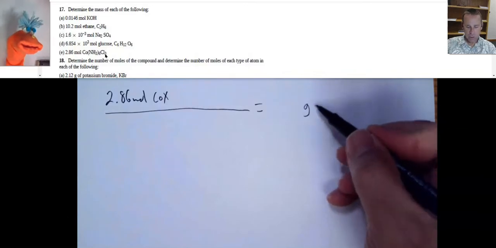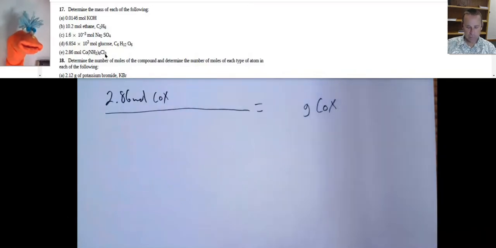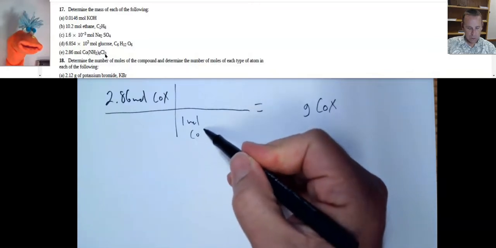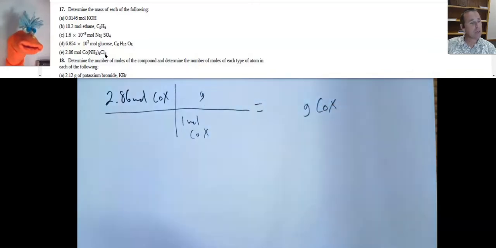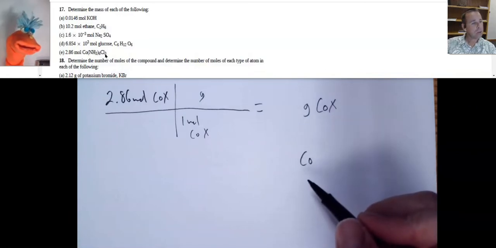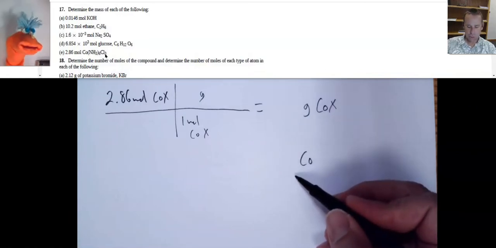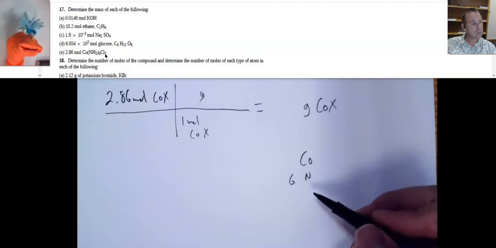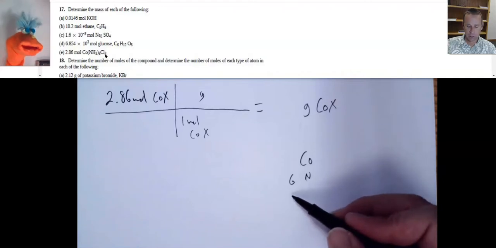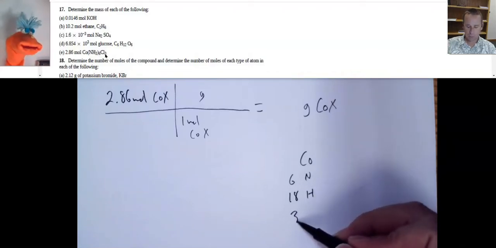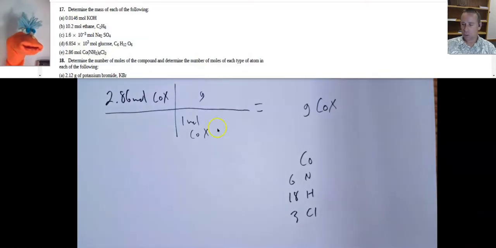And I would like to know how many grams of the cobalt compound, right? Each mole of the cobalt compound has a mass of, there's one cobalt. There's how many nitrogens? 6 nitrogens. 18 hydrogens. 3 chlorines.